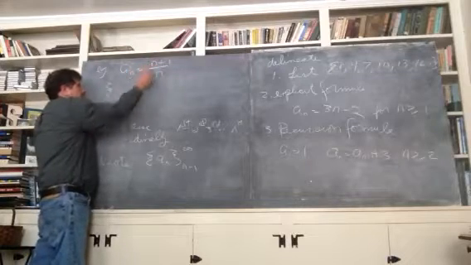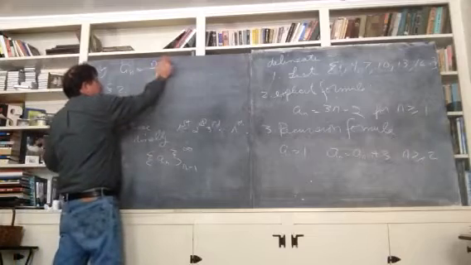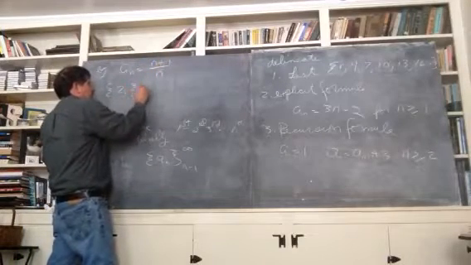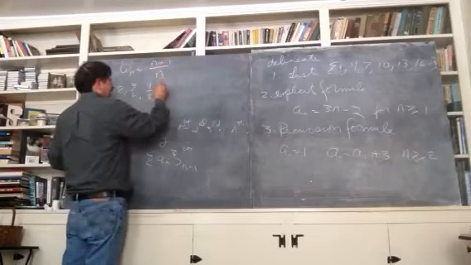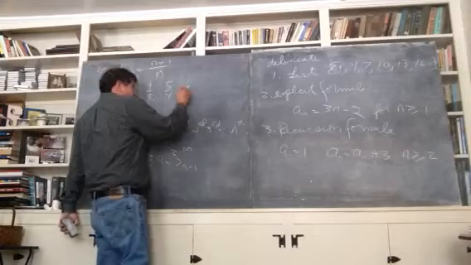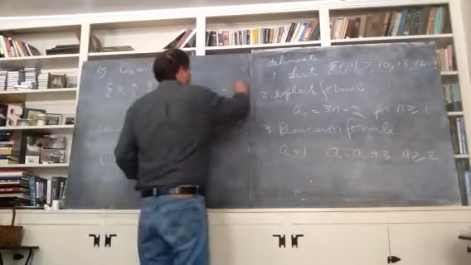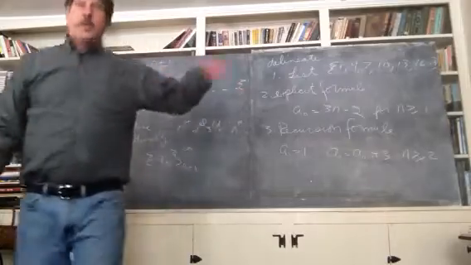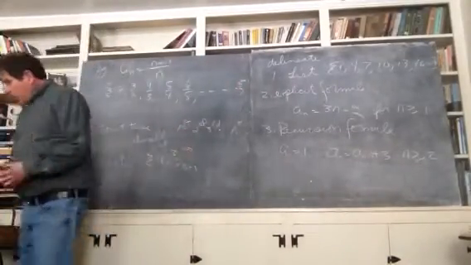For n is 1, that's 2. For n is 2, 3 halves. For n is 4, 5 fourths. For n is 5, 6 fifths. That's it. We just listed the terms. So that's an example of one way we work with them.